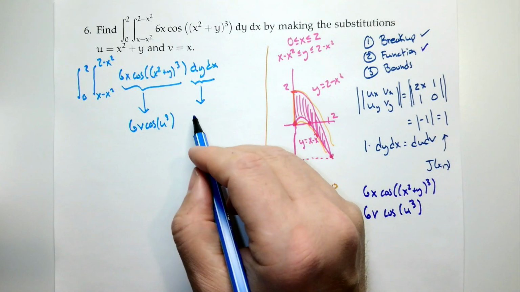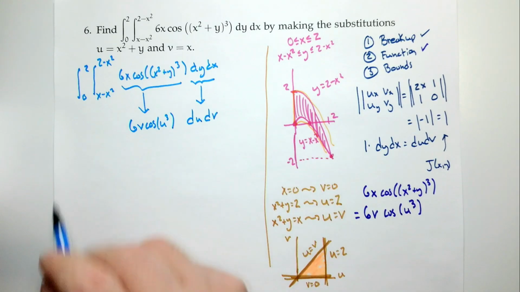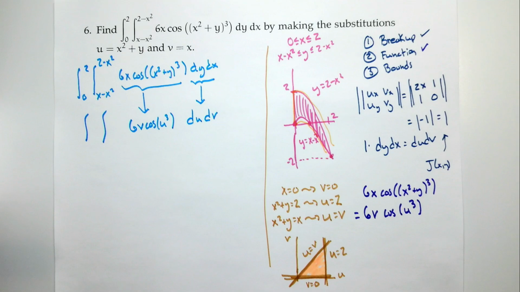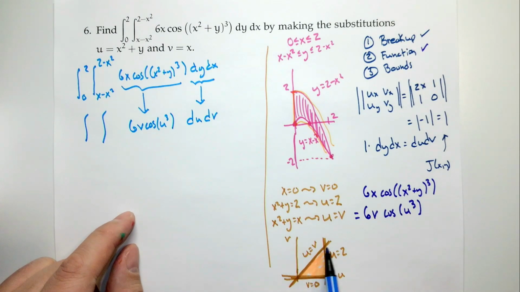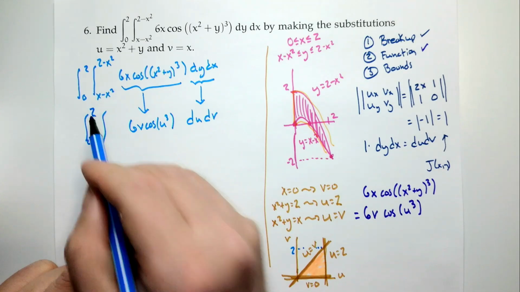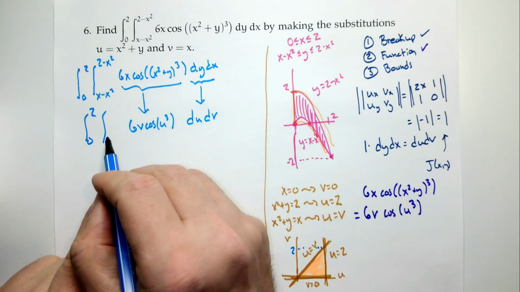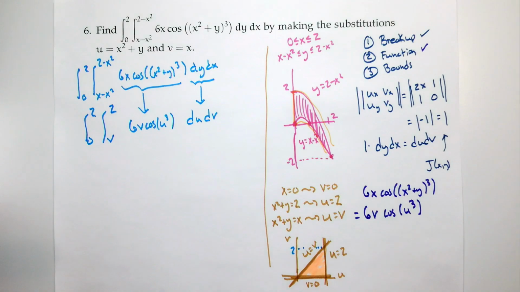Okay, cool, I'll put that here, du dv. And what will the bounds be? Well, where does v go from? I go from v equals 0 up to this intersection, and if we do the intersection, it's at 2. So v goes 0 to 2. And then if I slice that way, I go from u equals v to u equals 2. Now, cool.